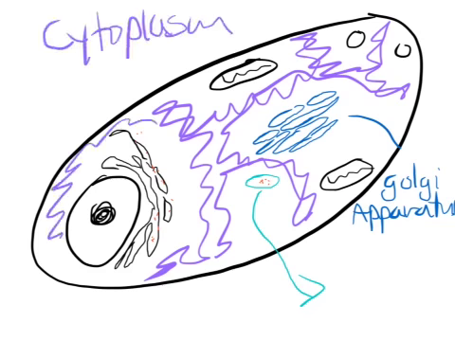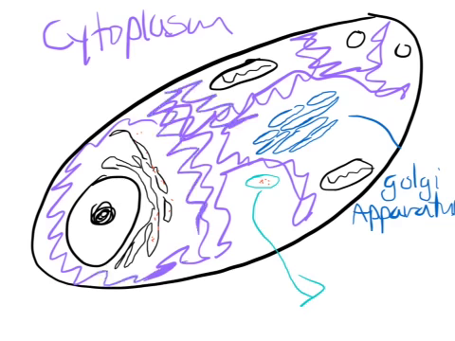This gelatin material surrounds everything. It's kind of this gooey ooze. And the cytoplasm is very important because it fills up the whole cell and provides a solution for everything to live in.